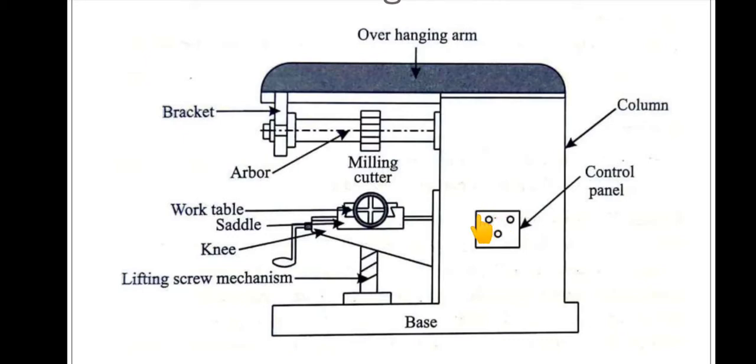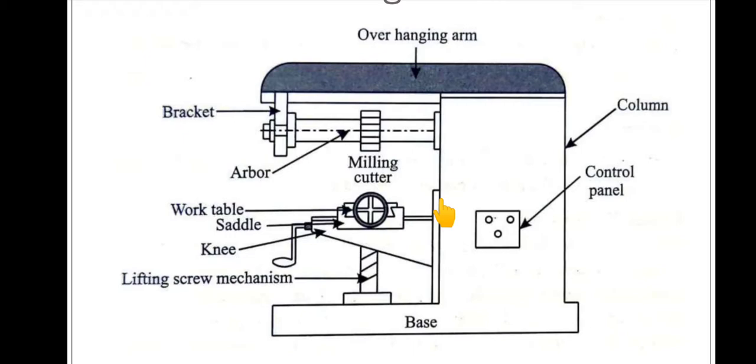You can see here a guiding mechanism to lift the workpiece up and down; the knee is attached to this guide. I will tell what the knee is. The next part is the knee. It is a cast iron part which slides on the vertical guideways of the column.